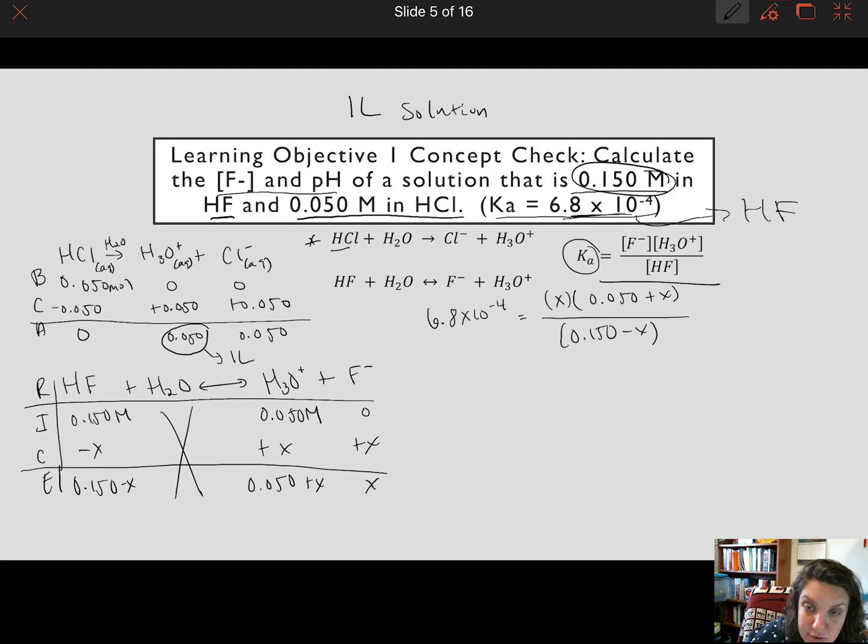So we multiply both sides by 0.150 minus X and combine, and we'll see that we get X squared plus 0.0507 X minus 1.02 times 10 to the negative 4 is equal to 0. Okay, so just mathing everything, putting everything on one side. We have an A, a B, and a C, so we can put this into our quadratic.